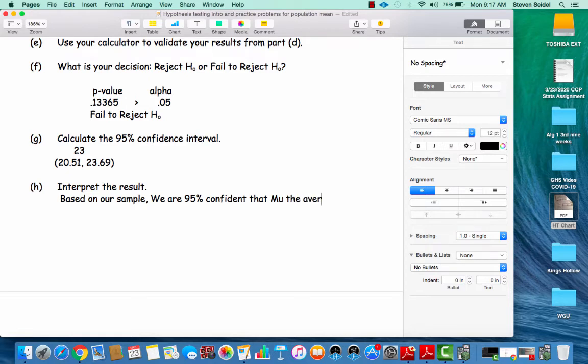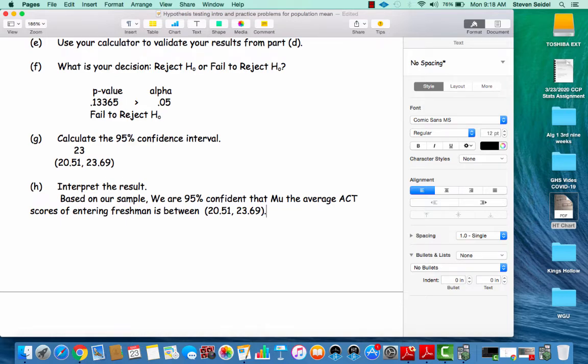The average ACT scores of entering freshmen is between those two numbers right there. So we're going back to what we did in the last unit, right?